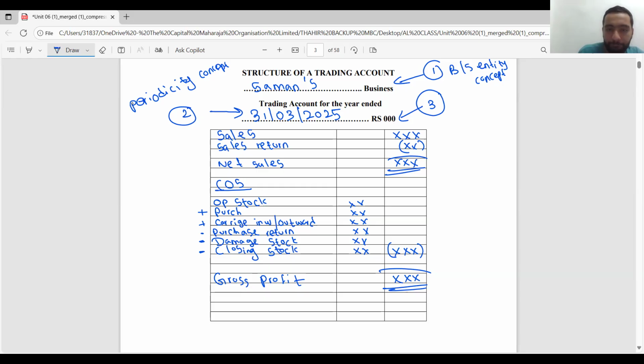Number three. What is this? Yes, very good. Arva and Ziana have given correct answers. What is this? MMC. What is this MMC? Money measurement concept. Right?